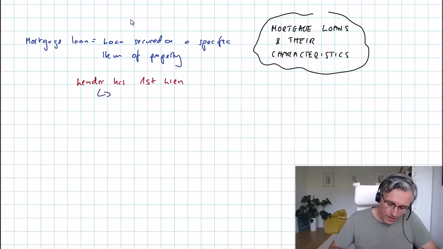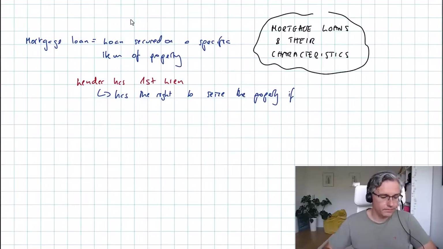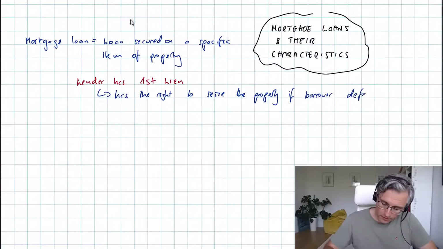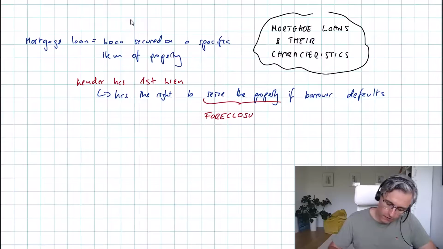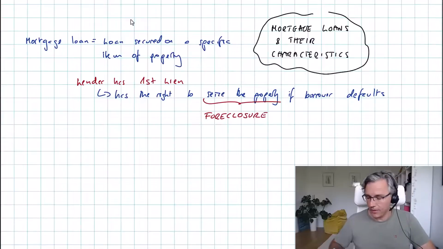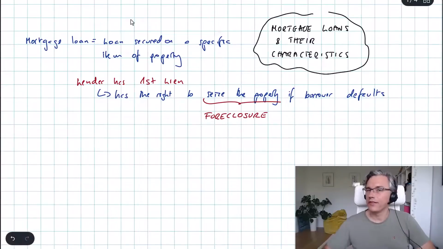So the lender effectively has the right to seize the property if the borrower defaults on their payment obligation, and the seizing of property will typically be referred to as foreclosure. That's a term which is quite relevant and good to know.